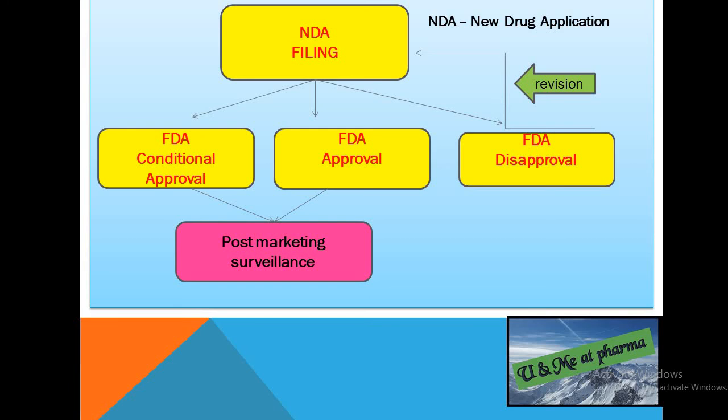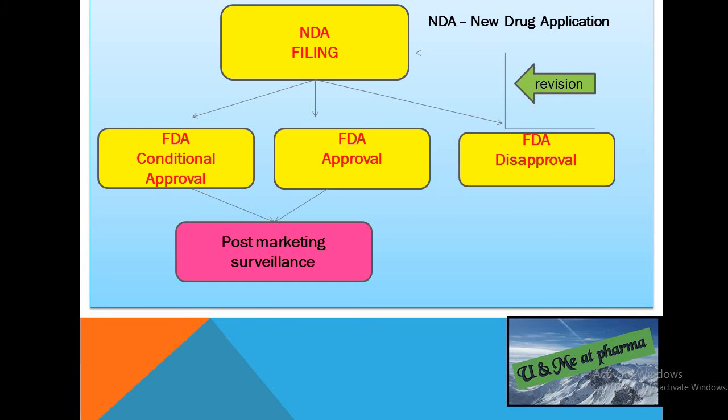Now, as the inventor files the NDA filing, three cases might happen. The first one is generally FDA approval. If all the data, the safety levels, and the therapeutic levels are fine and it satisfies the criteria, then the drug gets approval for the market.